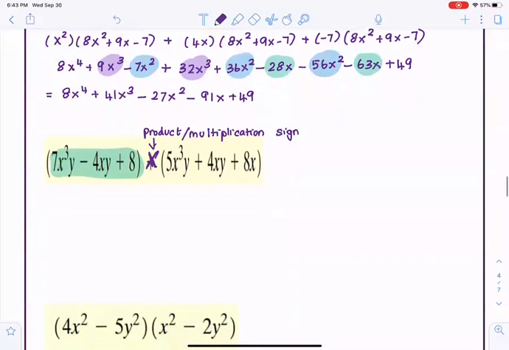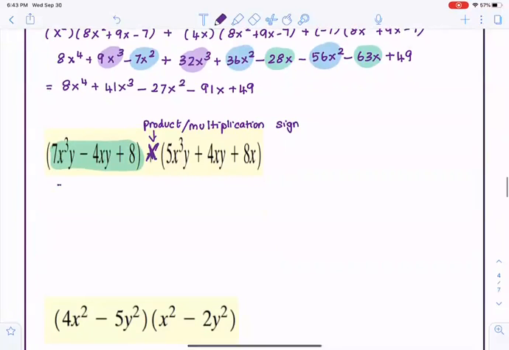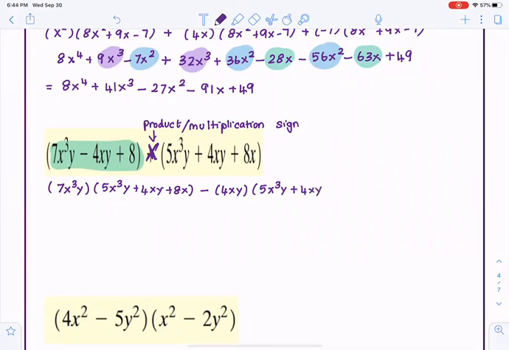So 7x cubed y multiplied by 5x cubed y plus 4xy plus 8x, minus, because there is a minus sign, 4xy multiplied by 5x cubed y plus 4xy plus 8x.